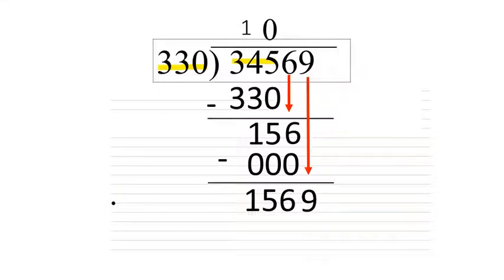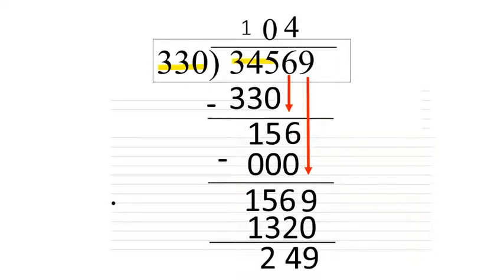We will find out in the table of 330 a number which is smaller than 1569. So 330 fours are 1320. You will subtract it and get your remainder as 249.